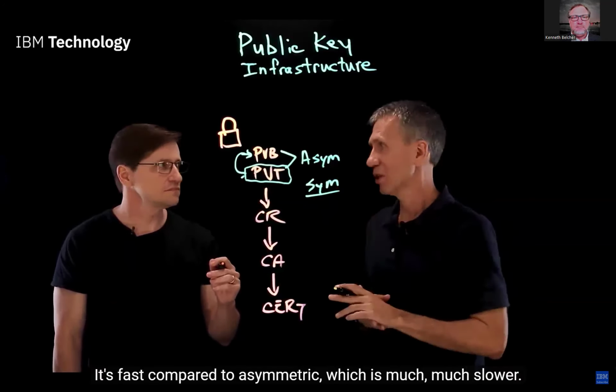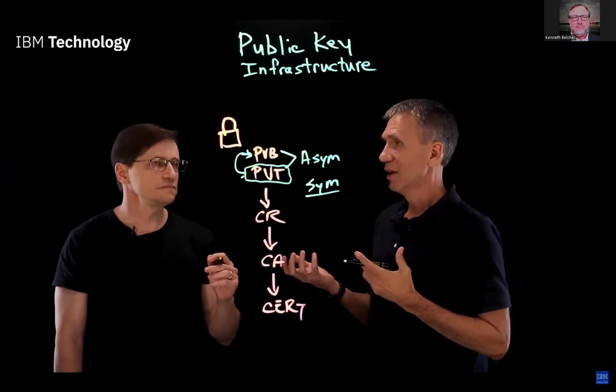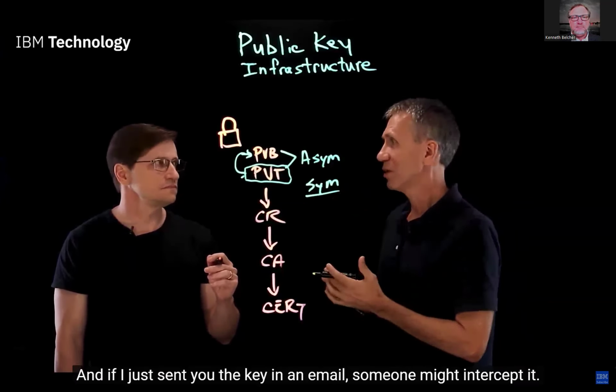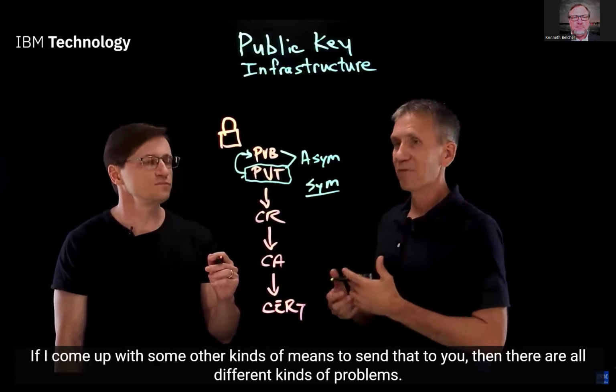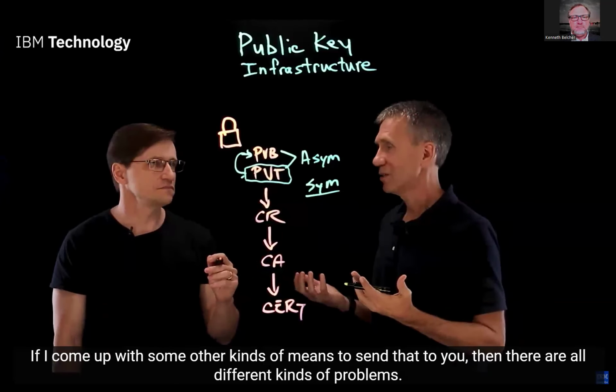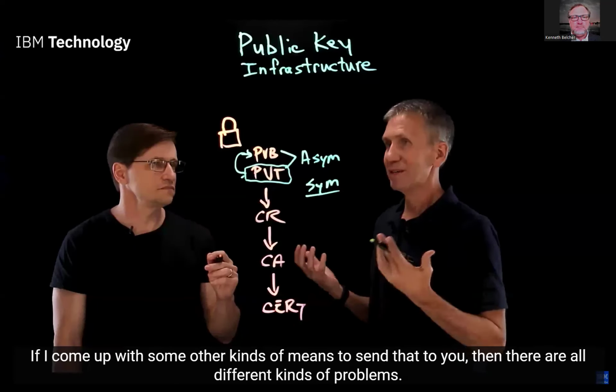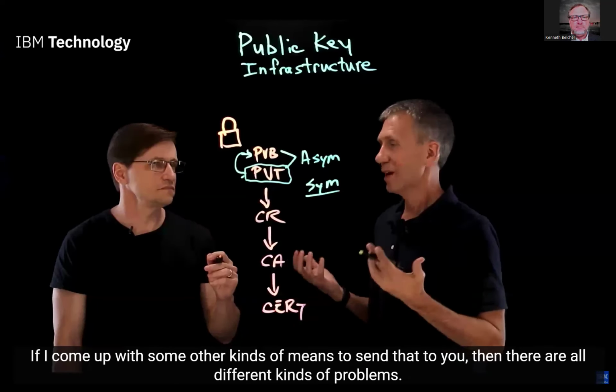If I generate a key and I encrypt a message with it, now I need a way for you to know what that key is. And if I just sent you the key in an email, someone might intercept it. If I come up with some other means to send that to you, there are all different kinds of problems. So that's why we use asymmetric cryptography as a way to communicate and transmit the symmetric key.